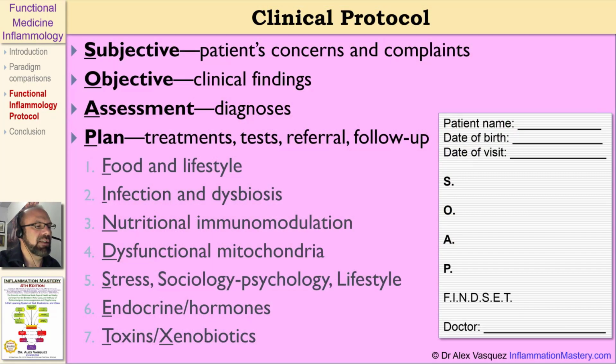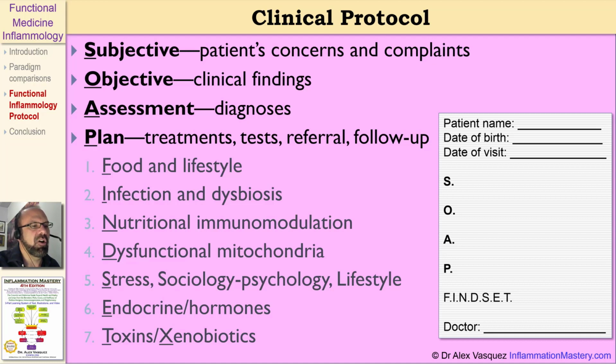So in category number 7 here, you can change the X for a T and just call them toxins, and you are looking for a set of problems and a set of solutions. Again, FINDSEX or FINDSET. Food, infection, nutritional immunomodulation, dysfunctional metabolism, stress and style of living, endocrine imbalances, toxins, and xenobiotics.